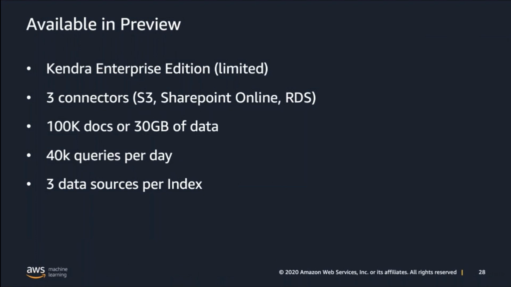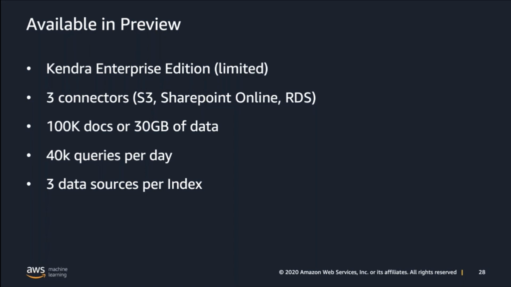Kendra is currently available in preview. In preview, Kendra Enterprise Edition is available with some limits. Right now, Kendra supports 3 connectors, S3, SharePoint Online, and RDS. You can have a maximum of 100,000 documents comprising of 30 gigabytes of data maximum.